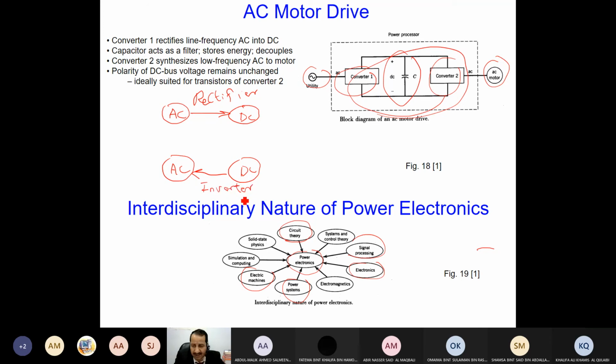We will discuss this circuit. Circuit number 3 is DC to DC. They call it a DC to DC converter, or a DC chopper. And last but not least is the AC to AC converter, also called an AC voltage regulator.